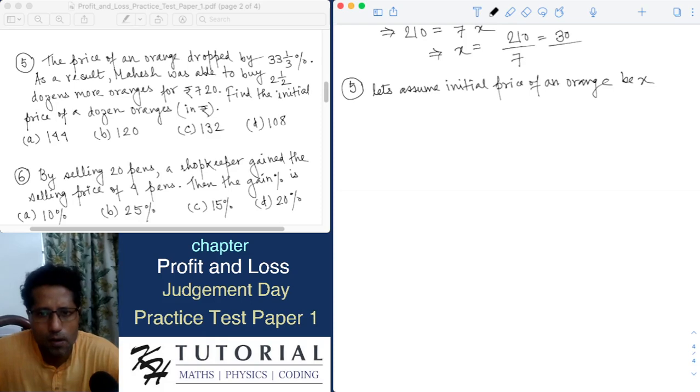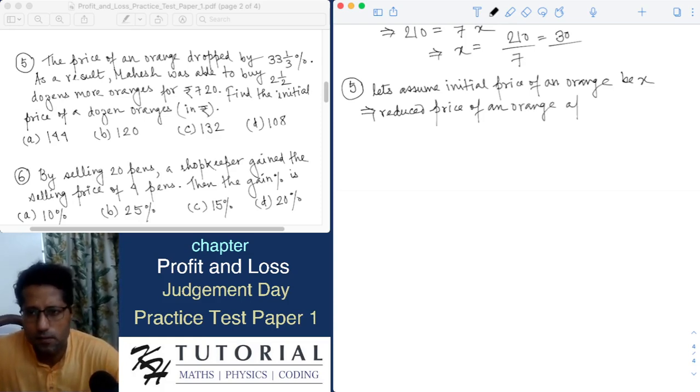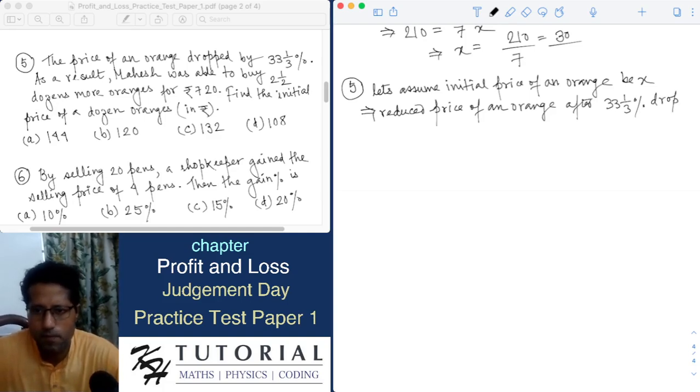Now, so let's assume the initial price of an orange be x. This implies the reduced price of an orange after the 33% drop will be equal to, now this 33 and 1/3 percentage means 100 by 3 percentage.